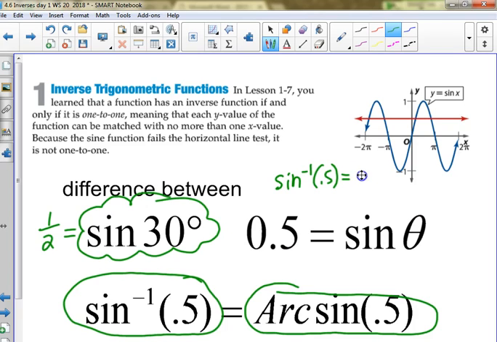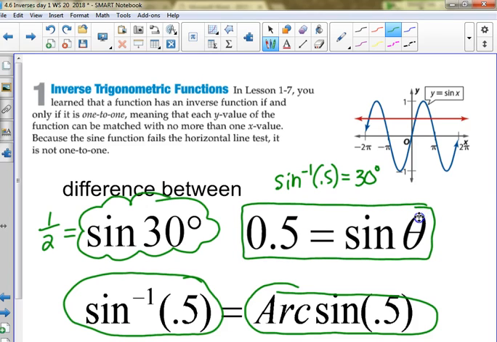It gave you 30 degrees or pi over 6, depending what mode you were in, or a decimal equivalent. But if I gave you that equation, I need you to understand that there are infinite solutions to that equation, and we're going to spend time on that later, not in this section.